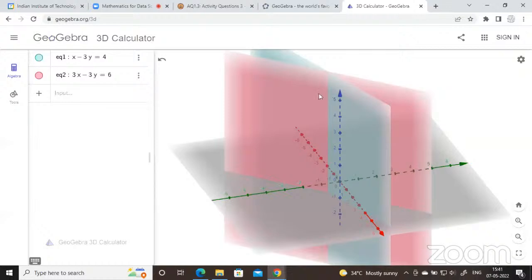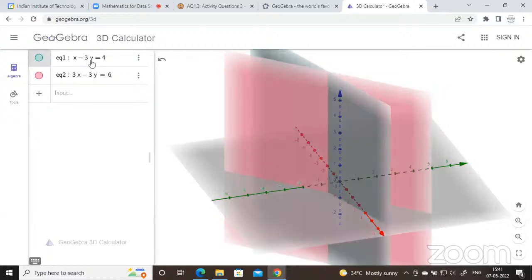Yeah, I have only 2 variables. I am plotting it in R3, which means my z coordinate is 0. Means in my equations, my z is missing. That is why I'm getting something like this. So is it clear that along all these points they intersect? Yes, ma'am.